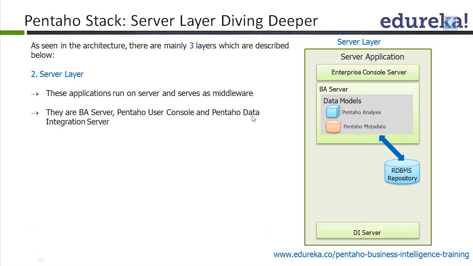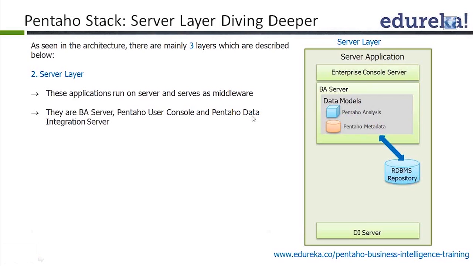Data Integration server. Some components of the data integration server also reside at the server layer, but this is an altogether different component, though it is in the server category. As a standard distribution, the DI server is part of the enterprise edition offering, but the community edition can also be run in server mode using Carte.